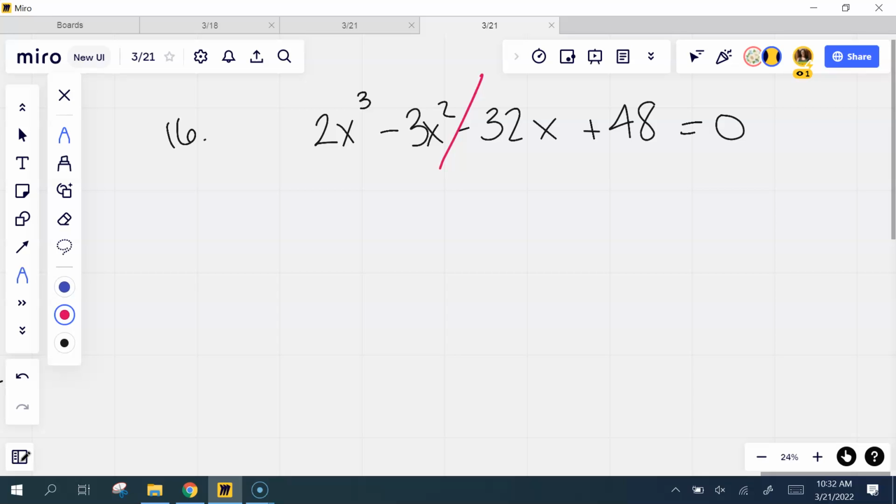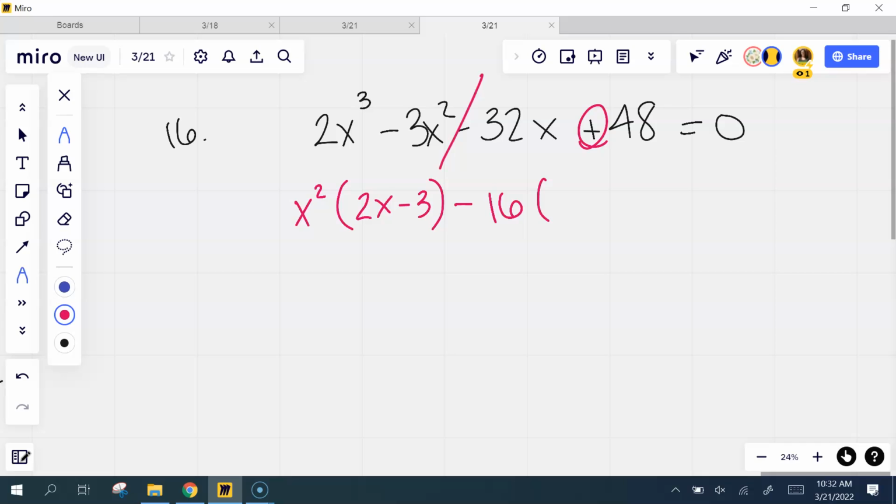So what's the GCF of these first two? What's left? The middle sign stays, but if the middle sign is a subtraction sign, that one changes. What can I take out of 32x and 48? 16, that's exactly right.